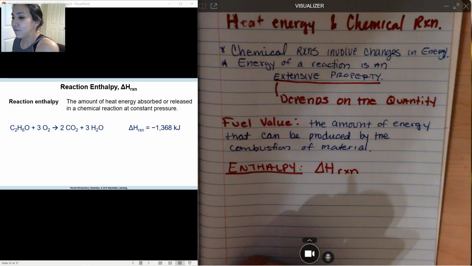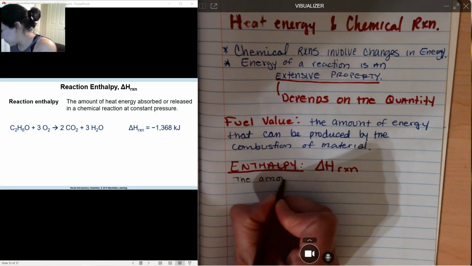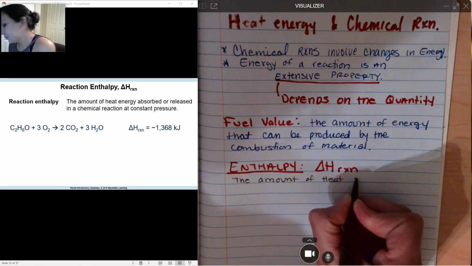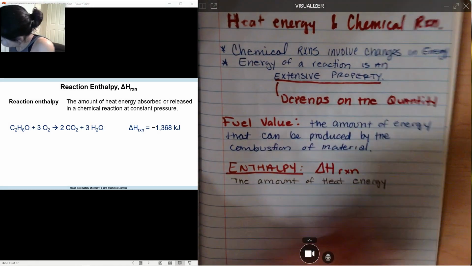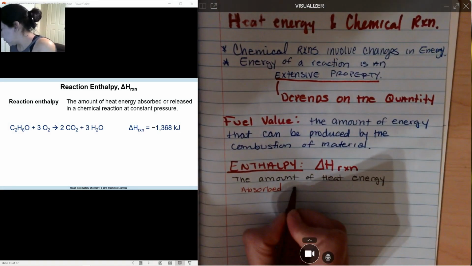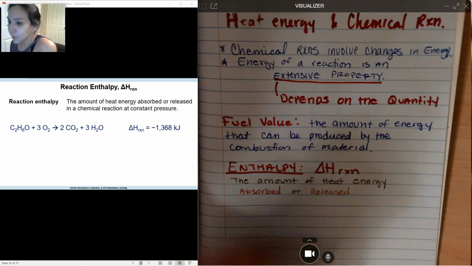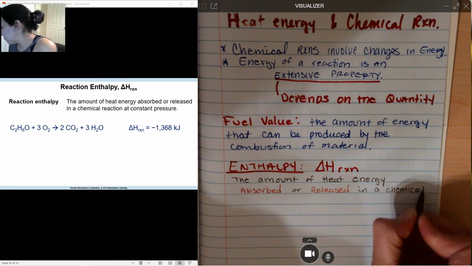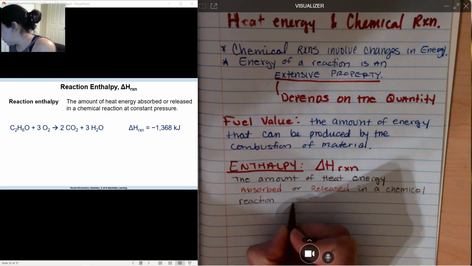And we say it's the amount of heat energy absorbed or released in a chemical reaction at constant pressure.